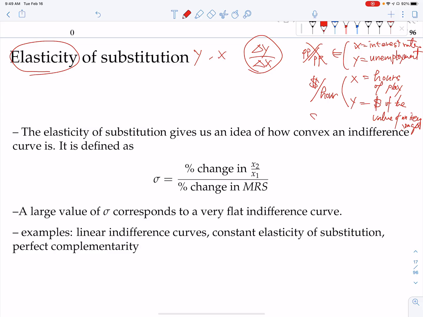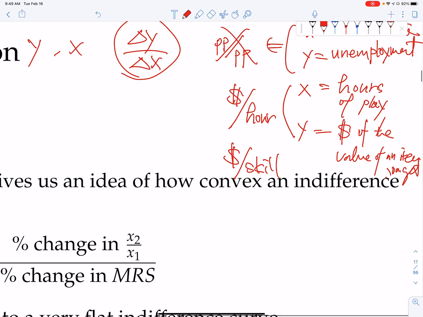So we can think of different variables, x and z. x is the same thing, but we can think of z as skill.